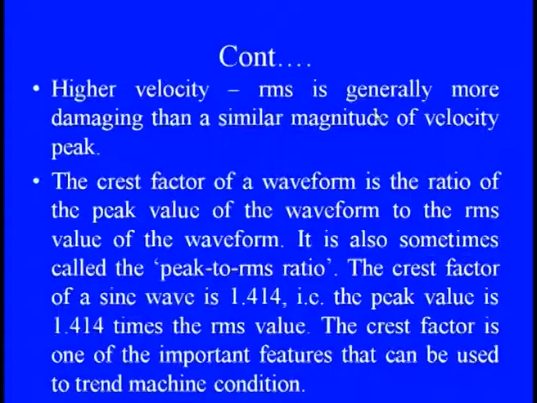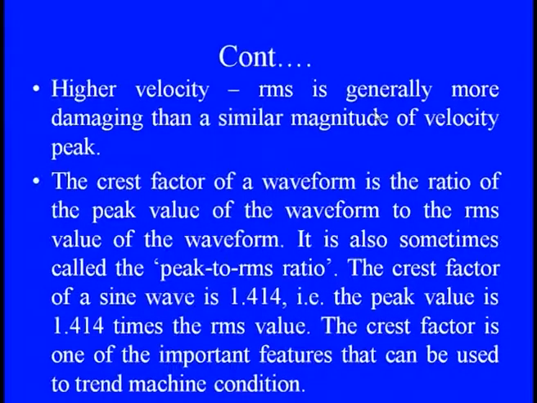But when we are talking about the peak to peak value, the maximum value, we can see the intensity of the vibration. So, at higher velocity, RMS is generally more damaging than a similar magnitude of velocity at the peak level.